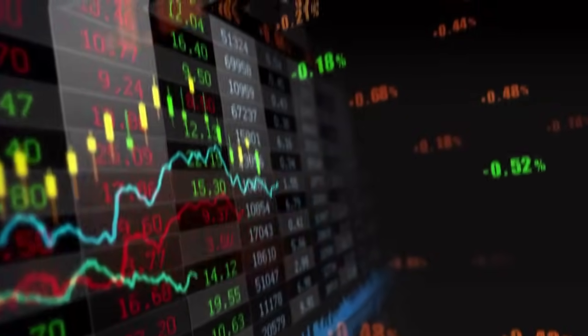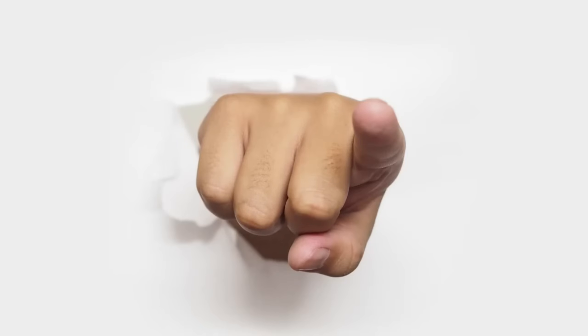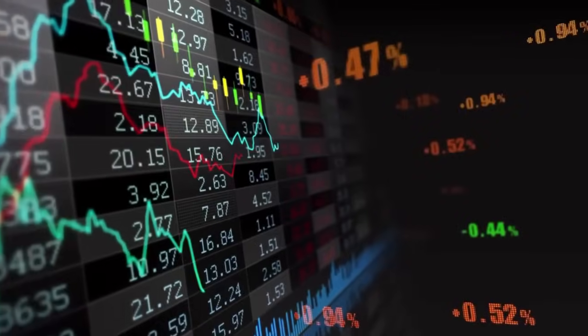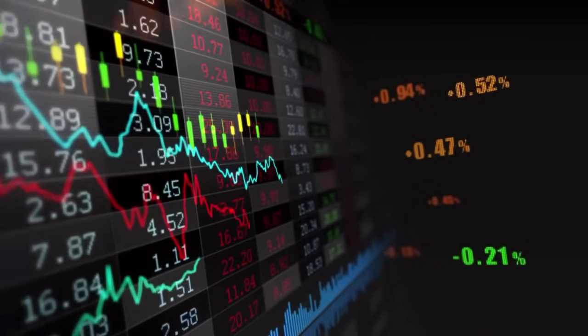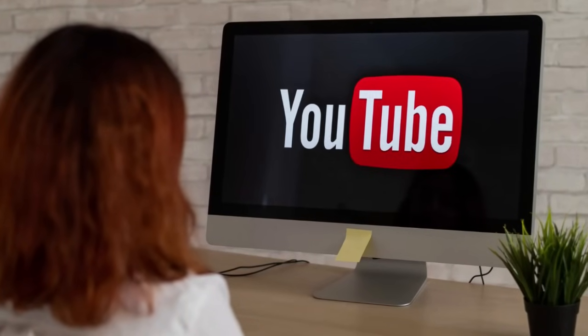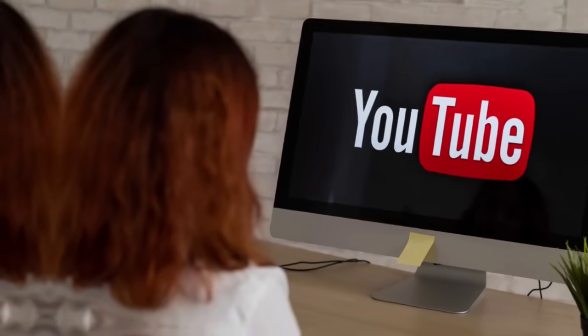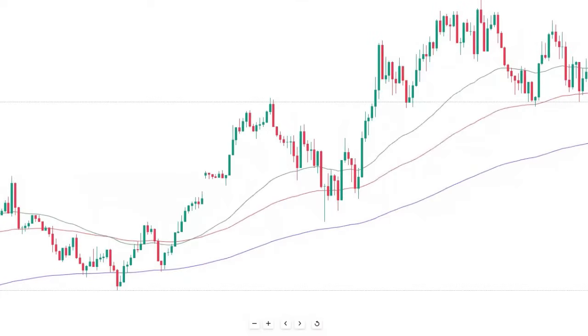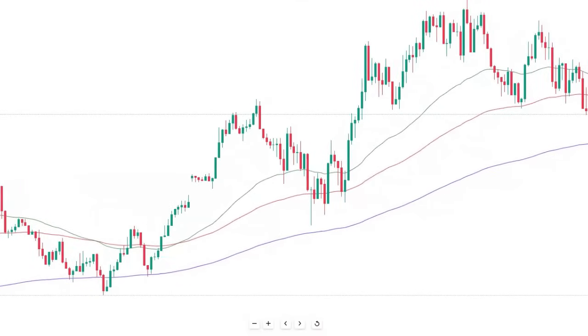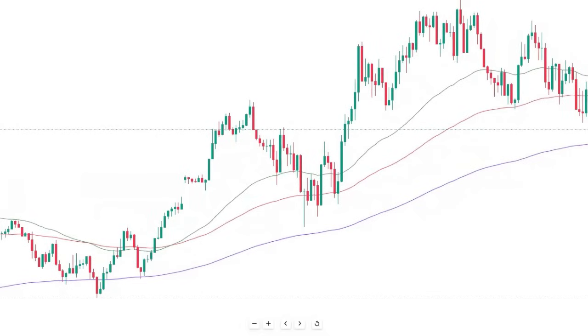What if I actually told you there is an actual moving average system that can allow you to get in and out of the market? This is nothing that I've ever seen on YouTube, and they've got all this fluff about the 50, the 100, the 200. I know, but today I'm about to reveal the best moving average strategy you will ever see within the financial markets.